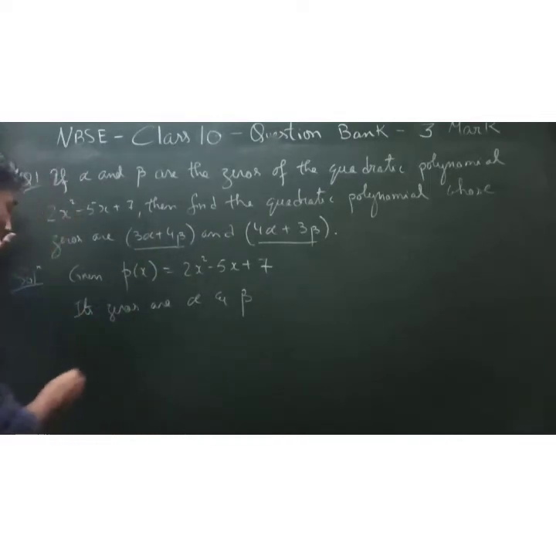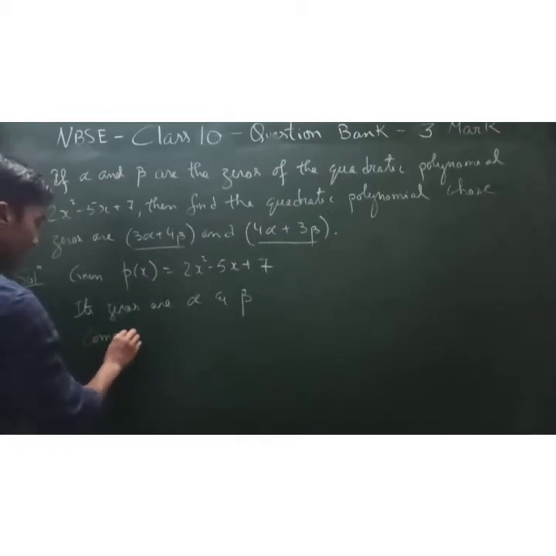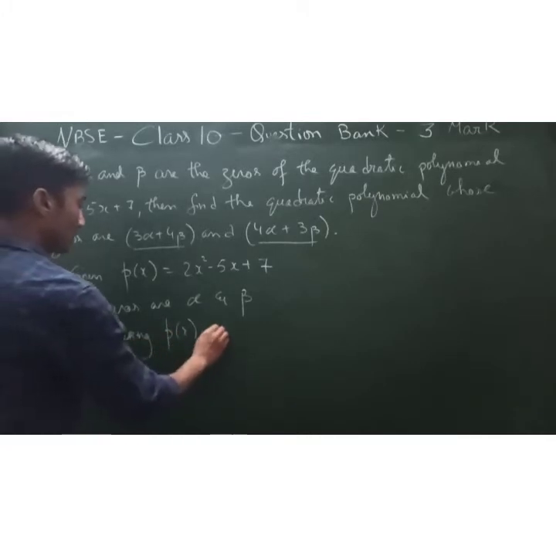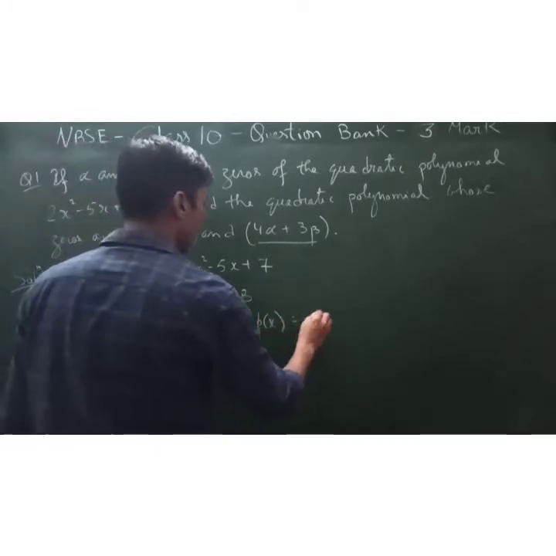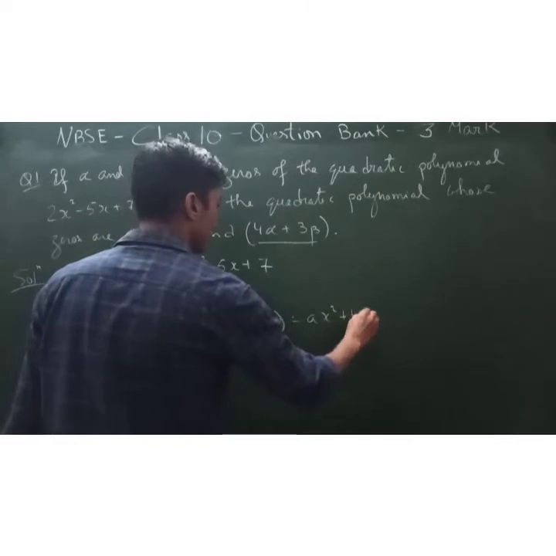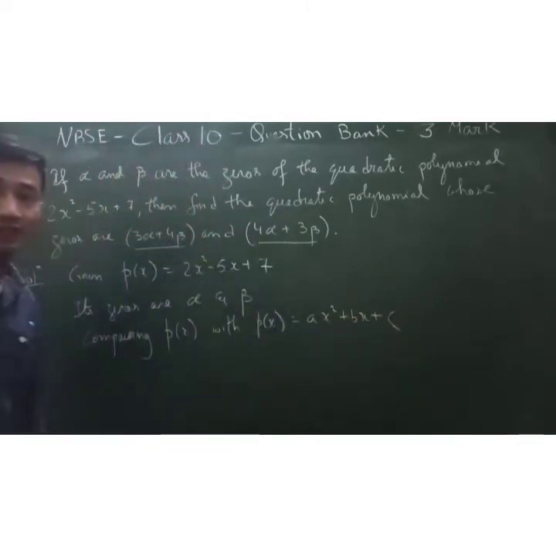As I will assume that most of you know at least something. Alright, comparing the given polynomial with our standard quadratic polynomial ax squared plus bx plus c, I'll write it down, otherwise some of us might be confused.